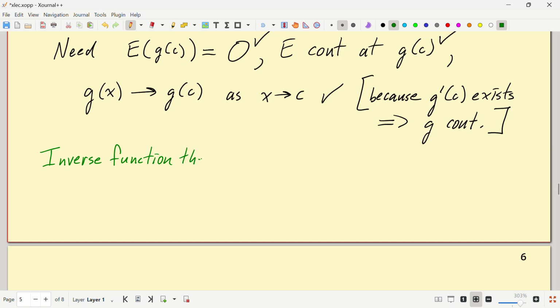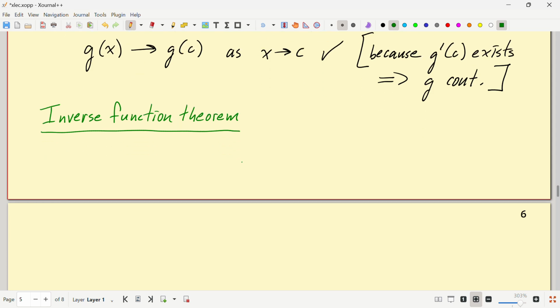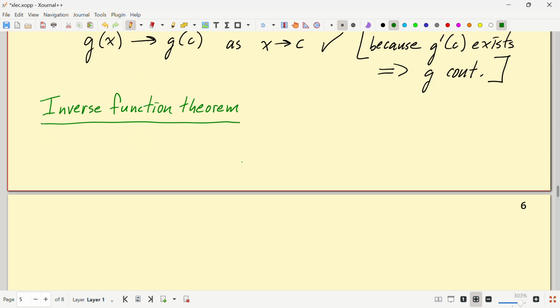And you might remember at the end of last hour, I talked about a continuous version of the inverse function theorem. This is the differentiable version. So that's what we're going to talk about now.